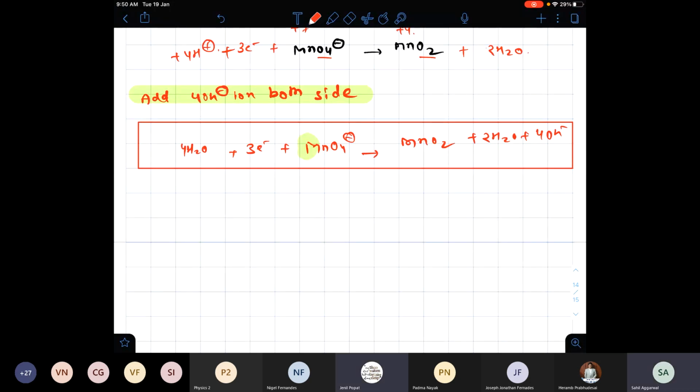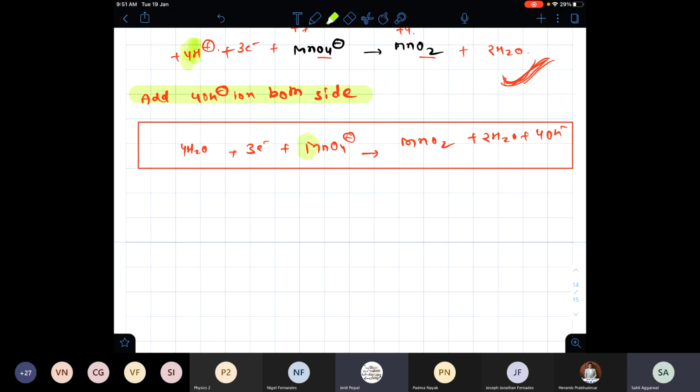So can you explain it again? See, first we have balanced the equation in acid medium till here. This is the same as what we have done in acidic medium. Now, to convert the acidic medium into basic medium, add an equal number of OH minus ions on both the sides.